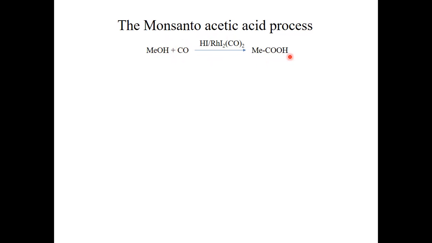Okay. So now, how does this reaction work? In the first step, there is a reaction between methanol and HI, and you can get nucleophilic substitution of the OH group by the iodo group, which then forms methyl iodide. And water is getting eliminated.